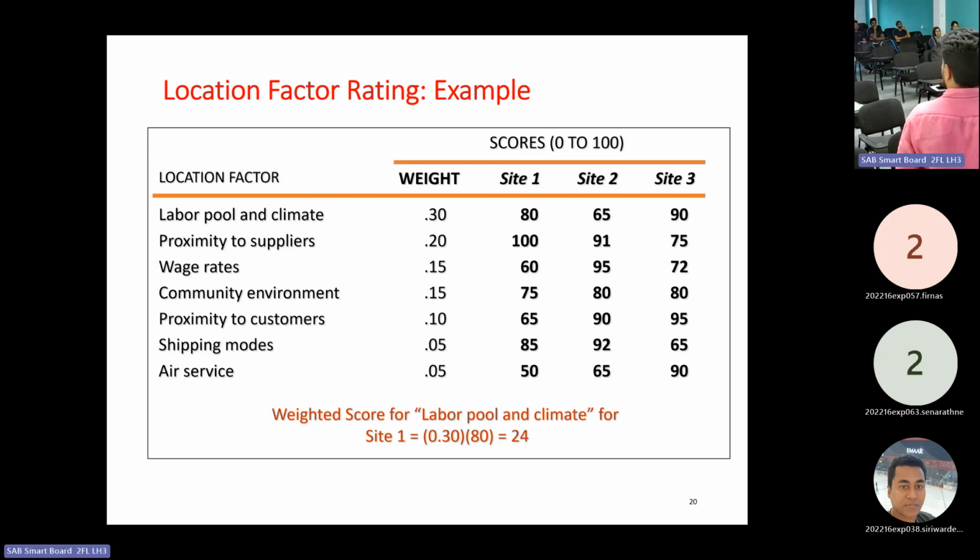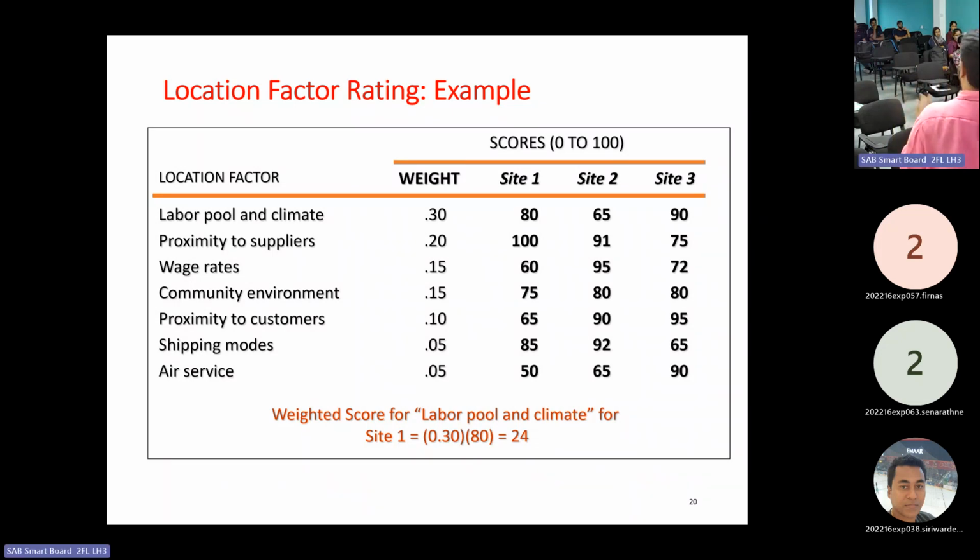Right? Site 3, because that has been assigned 90. In terms of proximity to suppliers, which site is most preferred? Site 1. 100 out of 100, which means that is the most suitable place in terms of proximity to suppliers.